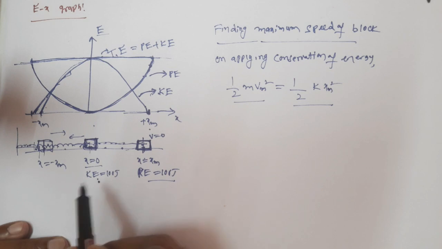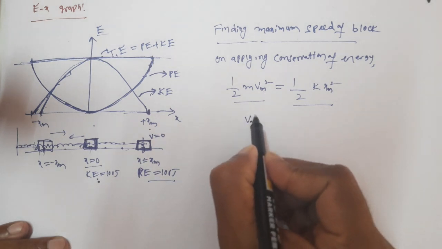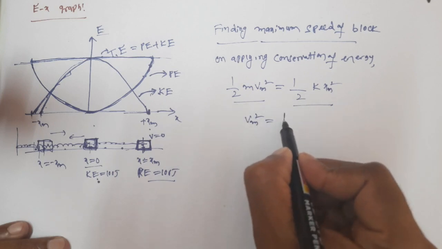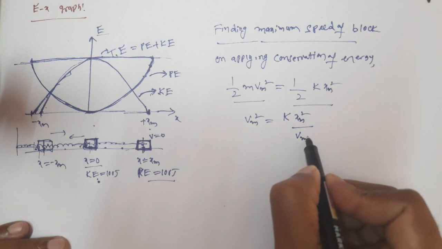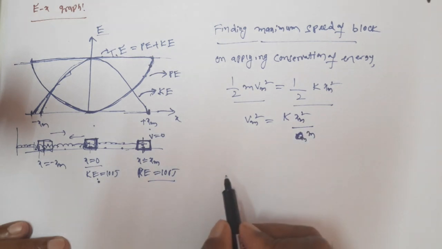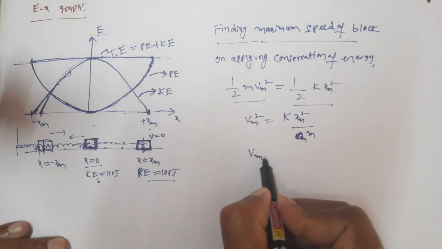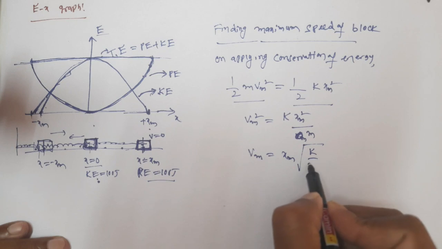Now our intention is to write the equation for vm. So vm square equals half gets cancelled, k xm square by m. Now vm is equal to xm times the square root of k by m.